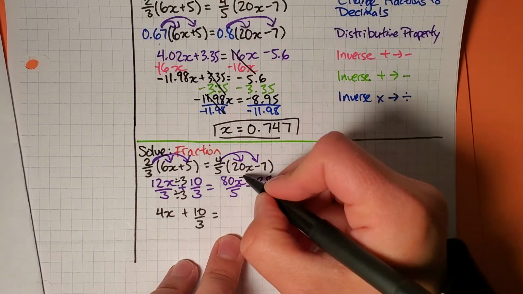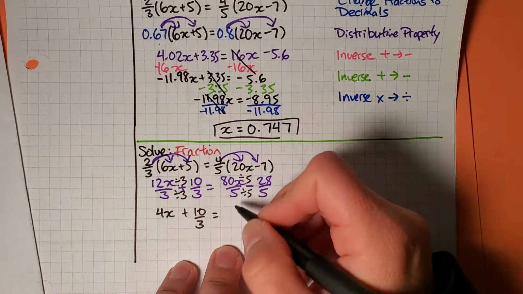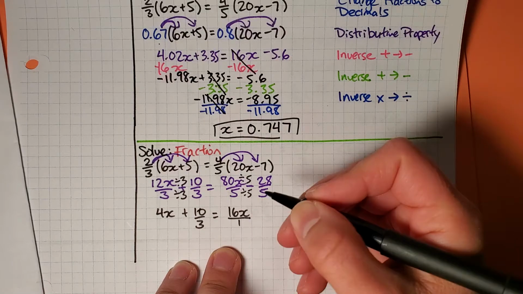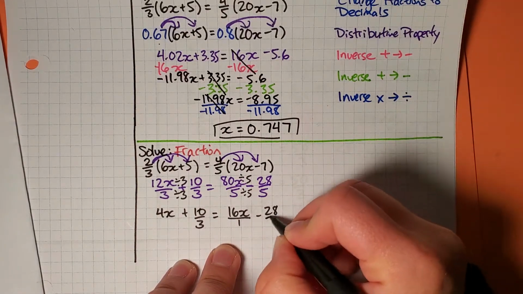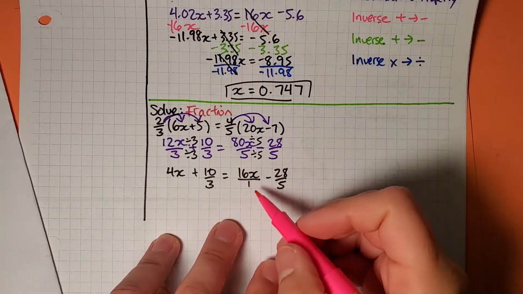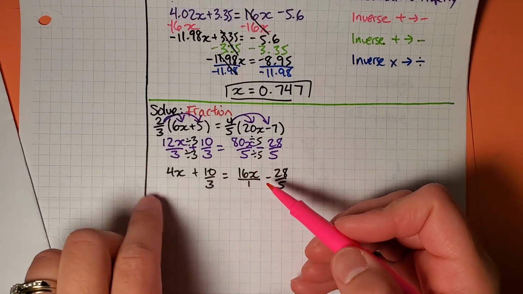Here I can reduce it by dividing the top and the bottom by 5. And 80 divided by 5 is 16x. And then it's over 1, or just 16x. And then minus 28 over 5. Nothing I can reduce there. I'm going to try and get rid of my 16x first. I'm going to try and move it to the left.